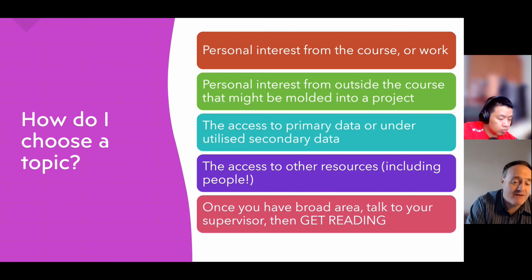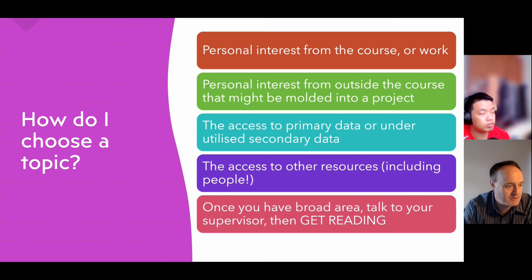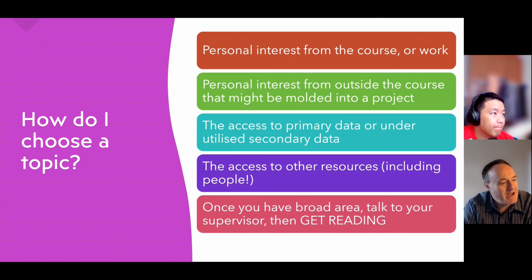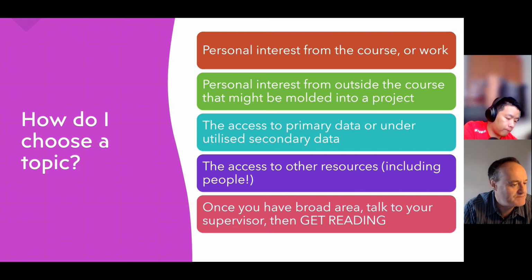You might already have access to a group of people or a group of samples that you can look at, or data that you can analyze. So that makes sense. You might have access to other people, and that they would be a good target audience to go and chat to.